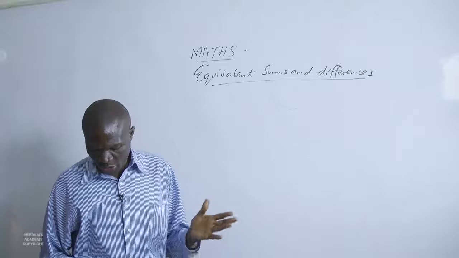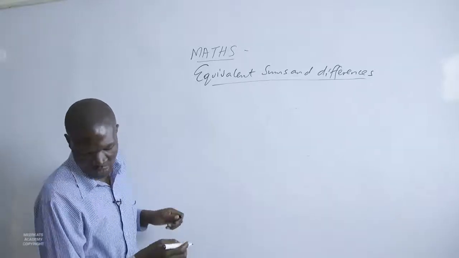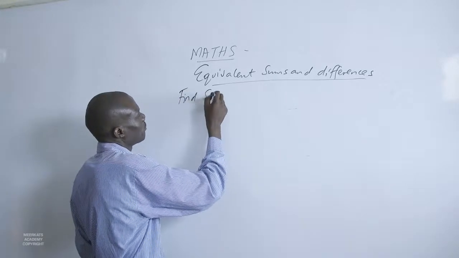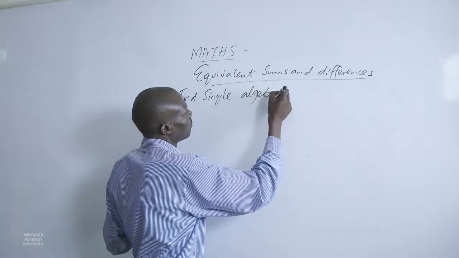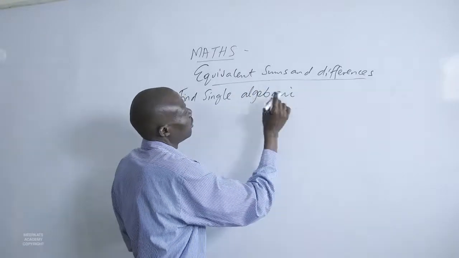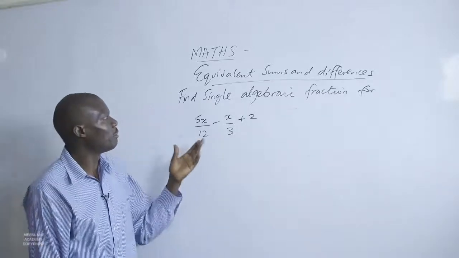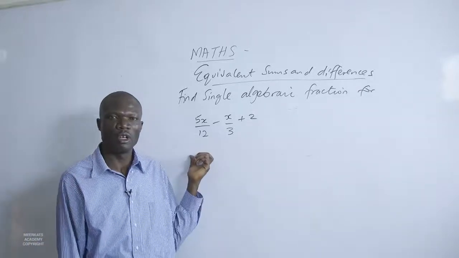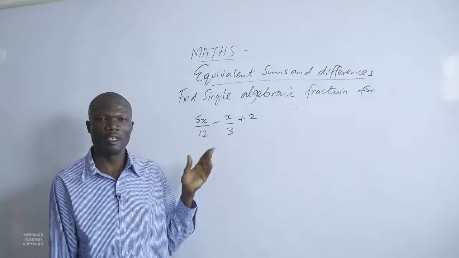So for each of the following, remember we want only to find a single equivalent algebraic fraction. Find a single algebraic fraction for 5x over 12 minus x over 3 plus 2.